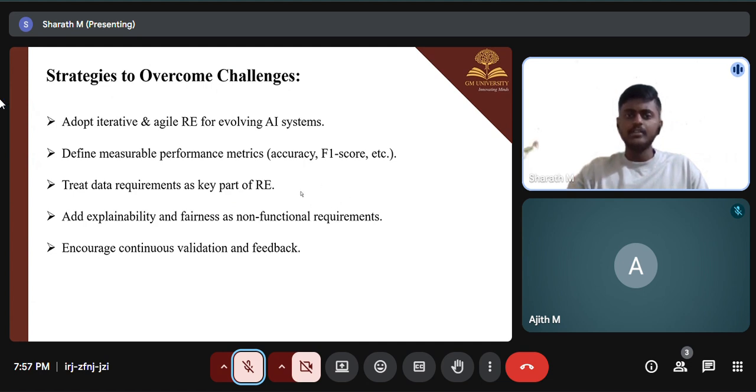Another key step is to treat data requirements as a part of RE, specifically data sources, quality, and privacy rules. We must also include explainability and fairness as essential non-functional requirements. Finally, continuous validation and stakeholder feedback ensure that the AI system remains relevant, ethical, and effective over time.